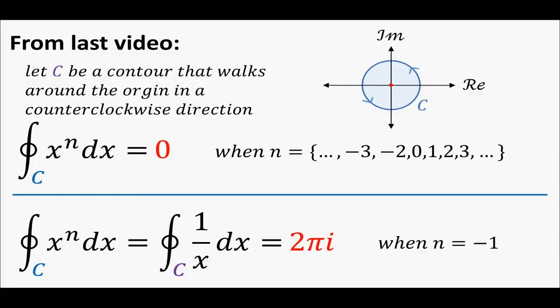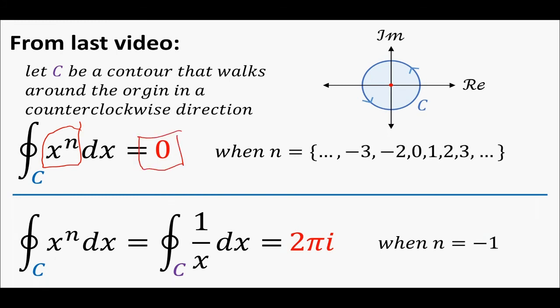From our last video, we learned that if you took the contour integral and chose a path that walked counterclockwise around the origin, around a simple monomial, x to the n, where n is any integer except -1, you will get 0.